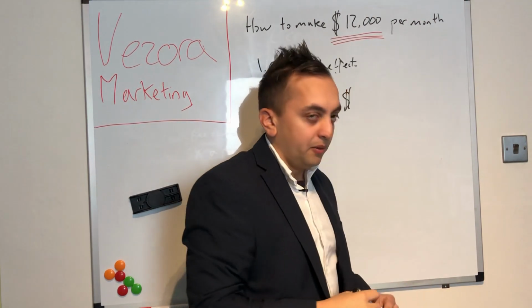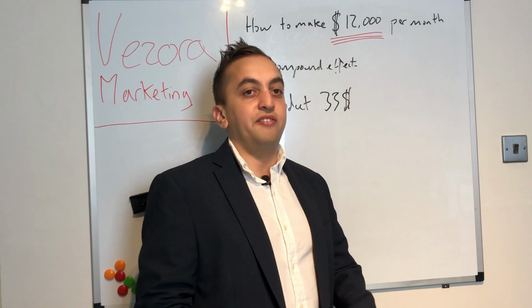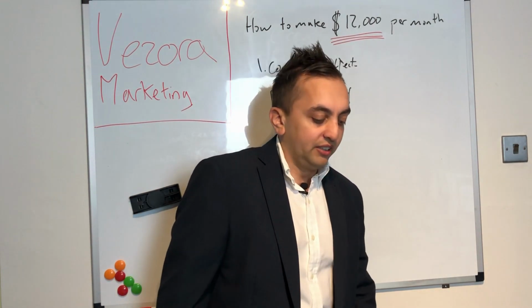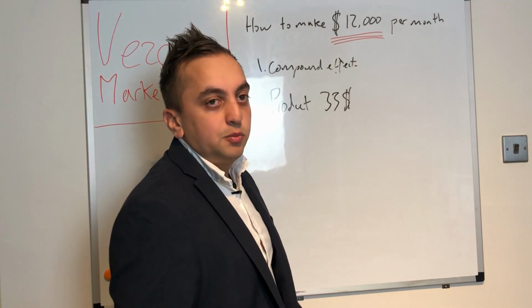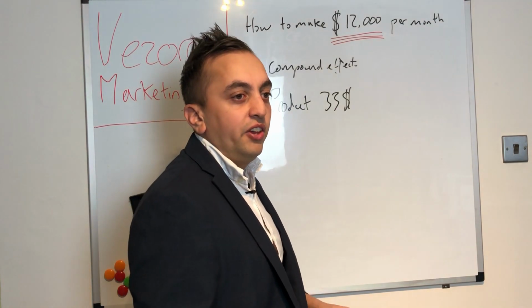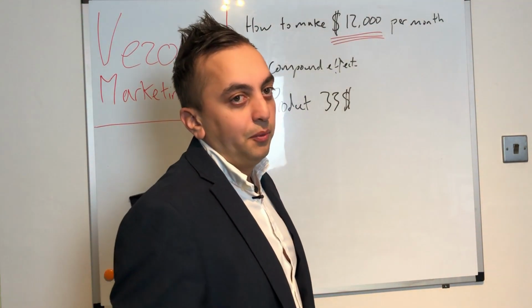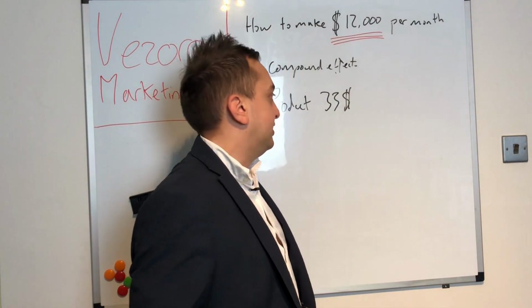So we've got our product, which we might have found through ClickBank, JVZoo, Warrior Plus, whatever, I don't care where you get it from. But you've got a product that sells for $33. Now, how are we going to take that $33 and turn it into $12,000? We're going to break it down into $1,000.